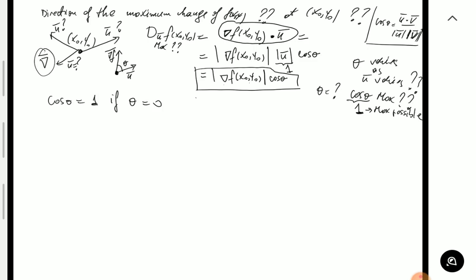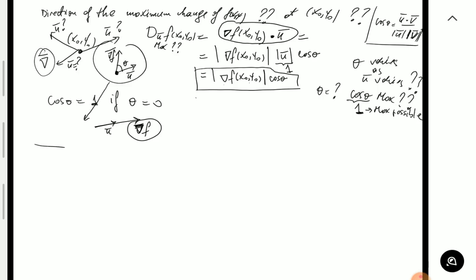In this way to compute the formula, remember theta is between 0 and 180 degrees, so the largest possible value for cosine is attained when theta is 0. Let's look at the geometry one more time. What does it mean for theta to be 0? Well, it means for u to be in the same direction of the gradient.